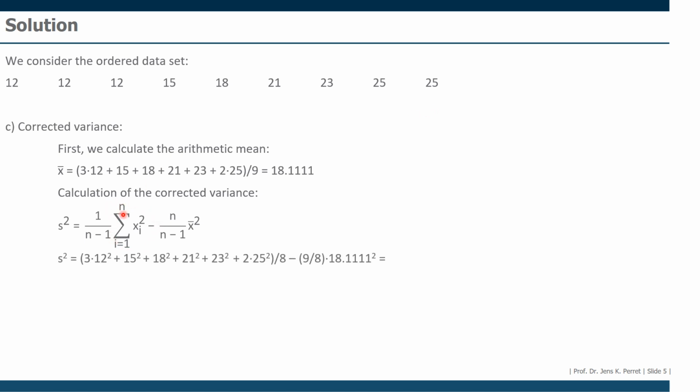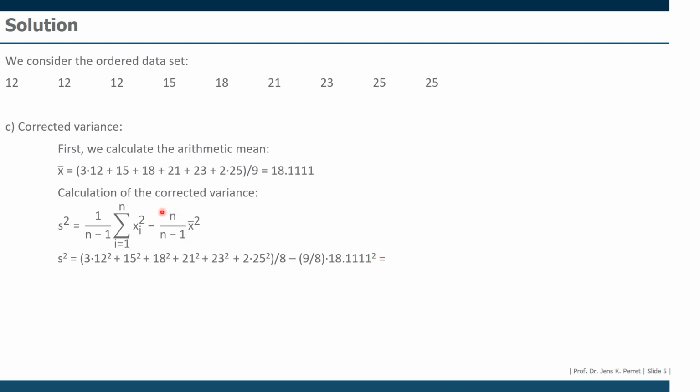And if I'm doing this with values, that's this first bracket, summing up all the squared values. Those squared values I'm going to divide by the number of observations minus 1, because here I'm using the corrected variance, so divided by 8. Then I'm going to take my arithmetic mean, the value I calculated earlier, the 18.1 something, and square this as well. That's what I did here.